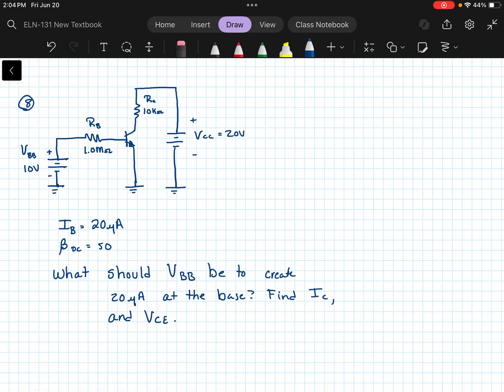Okay, so for number 8, what should our input voltage be at the base in order to give us that 20 microamps at the base if the beta is 50?